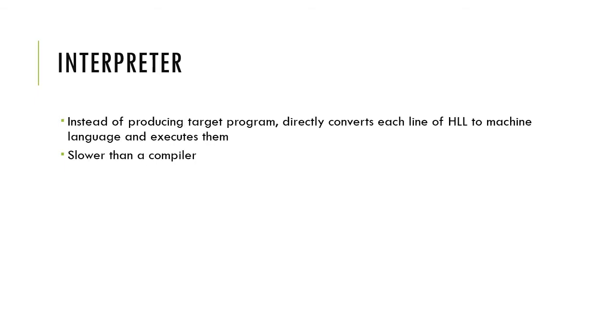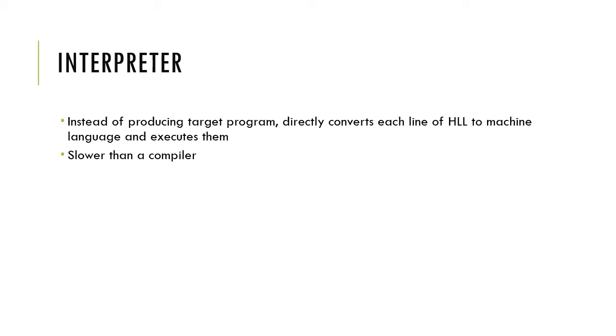The next language processor we're going to talk about is the interpreter. Unlike the compiler, which converts a high-level language program into a target language program, the interpreter does something similar, but it does not convert the program into another program. Instead, it takes one line of code of the source program and converts it into machine language.